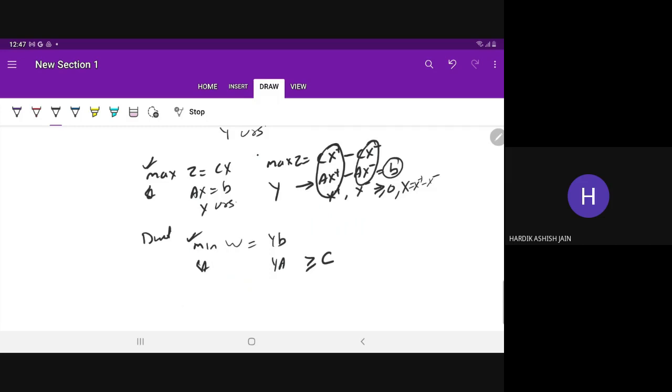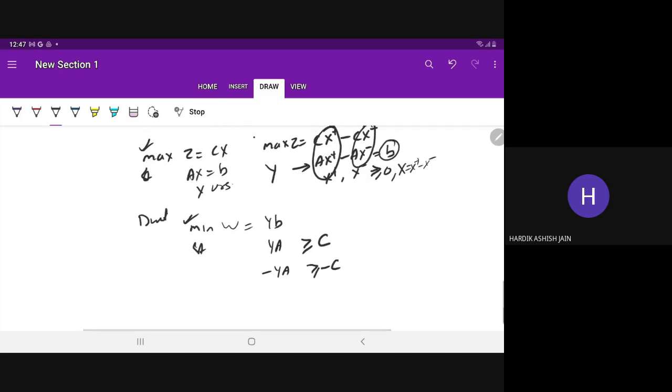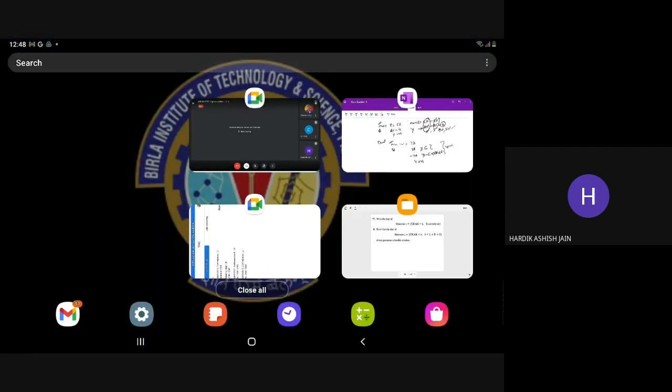Corresponding to x minus, it will become minus ya greater than or equal to minus c, right? And y is urs. So with this we have ya less than or equal to c, and if you combine these two, you will get ya is equal to c and y is urs. In this way we can write the dual problem.